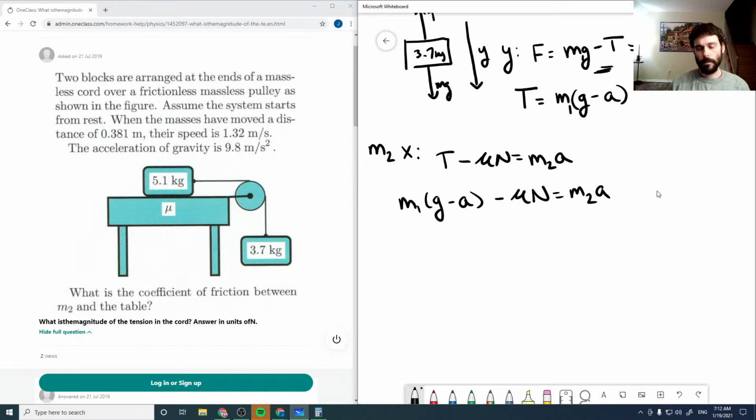So that means, how do I draw this here? So we've got 5.1 kilograms, 3.7.